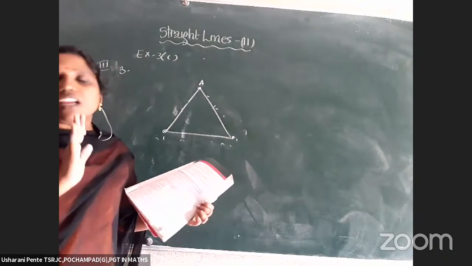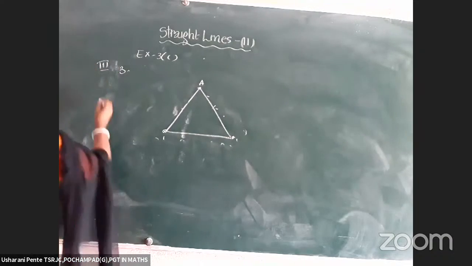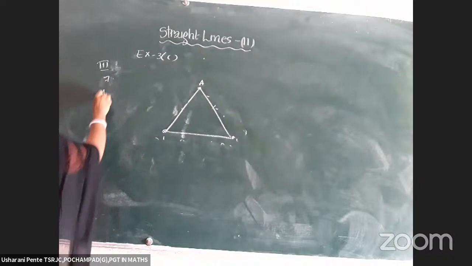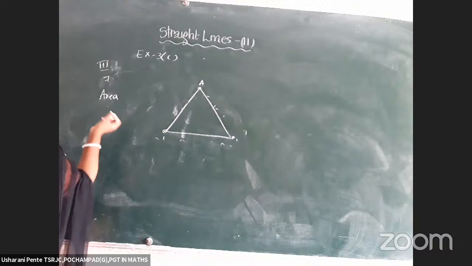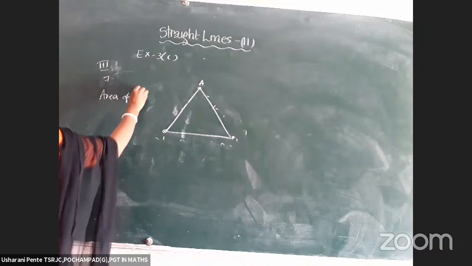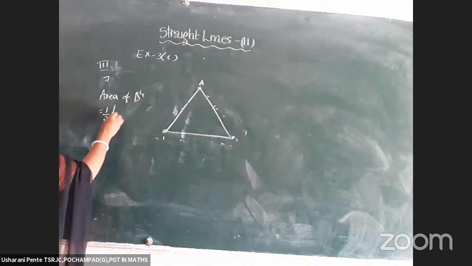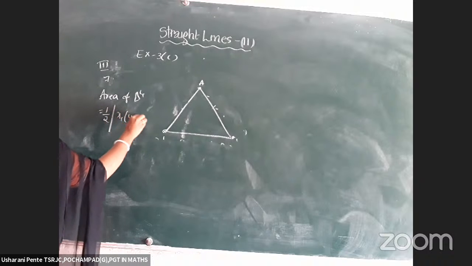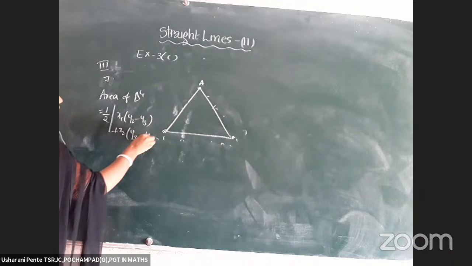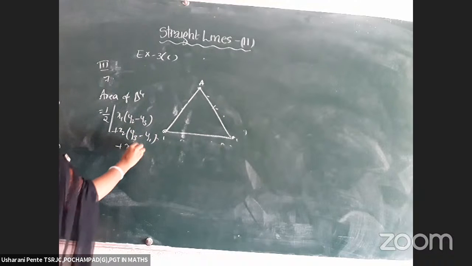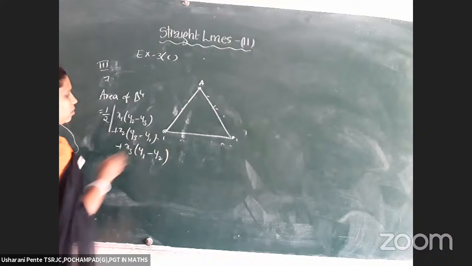Area of the triangle is equal to half into x1 into (y2 minus y3) plus x2 into (y3 minus y1) plus x3 into (y1 minus y2).